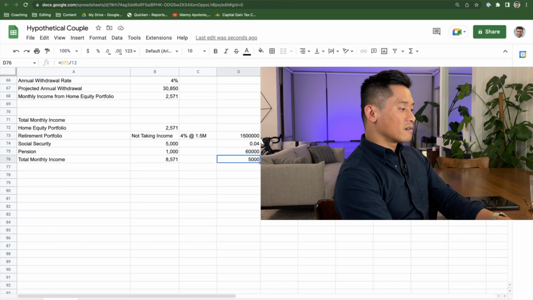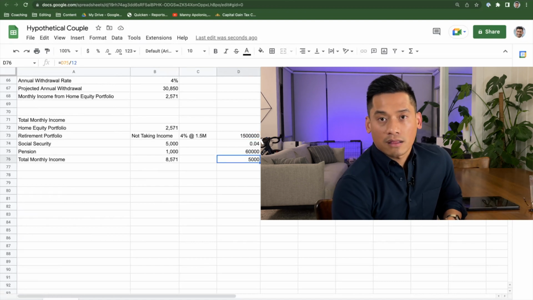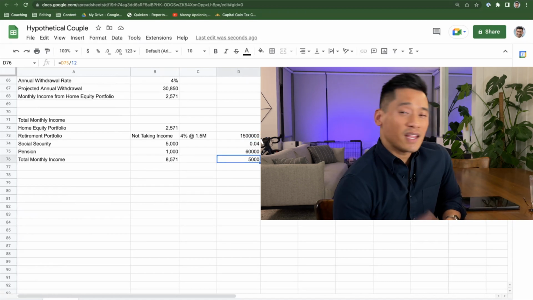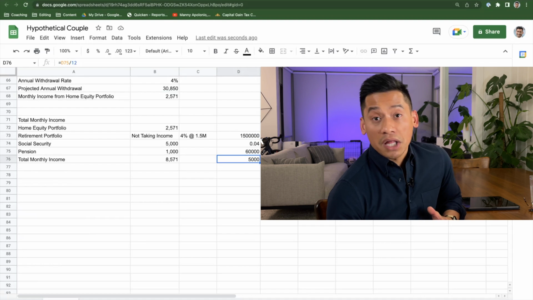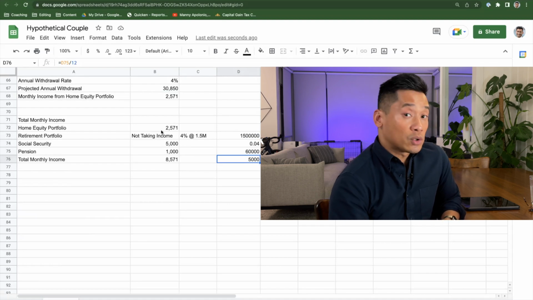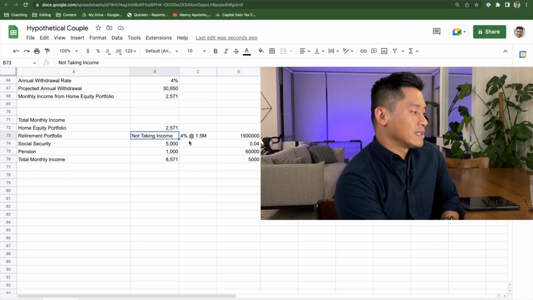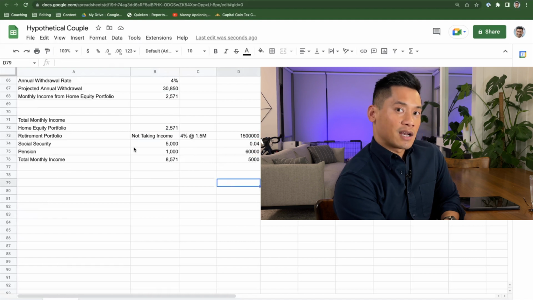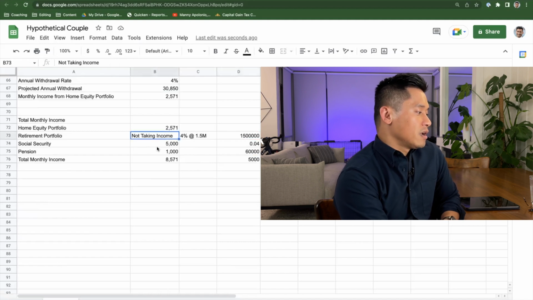So that's another $5,000 a month if they needed it. I don't think they're going to need it, so we didn't include it in their income calculation.